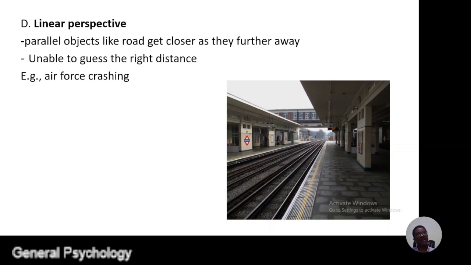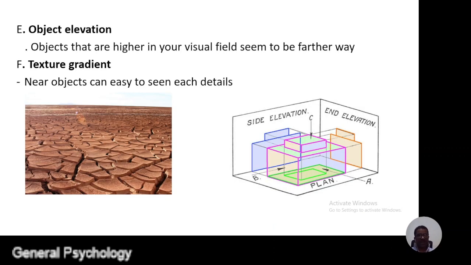When parallel lines are getting far from us, we couldn't judge or predict their distance. Because of that, sometimes car crashes and Air Force crashes may happen because of linear perspective.